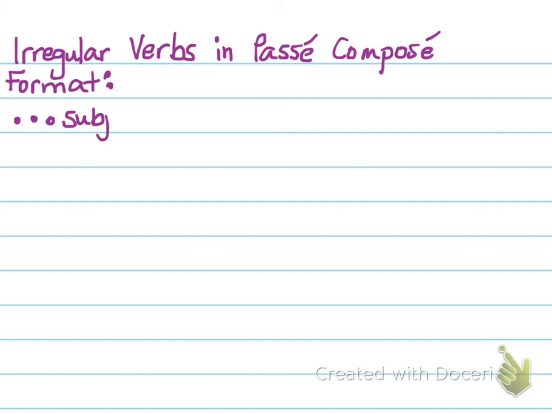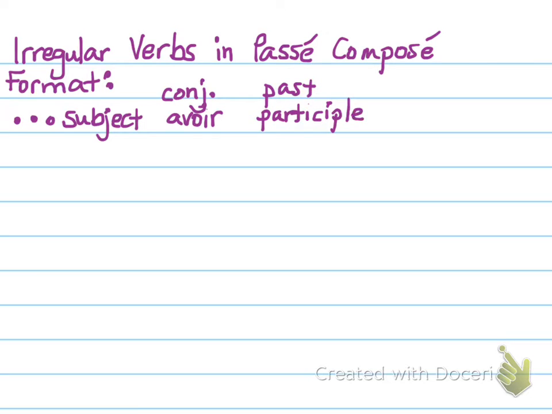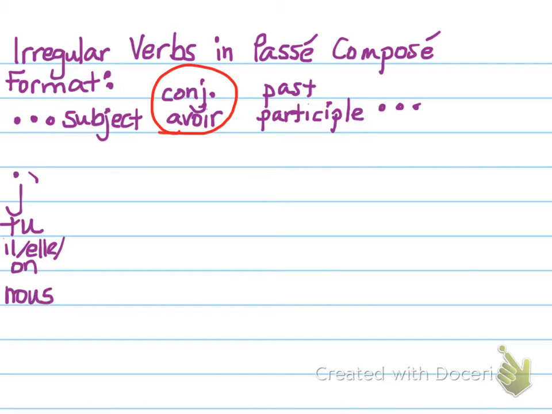It's still going to be our subject, our conjugated form of avoir, our past participle, and then our dot, dot, dot for whatever else is in that sentence. Again, our conjugated forms of avoir, those aren't changing. So our subject is j', tu, il, elle, on, nous, vous, ils, elles.